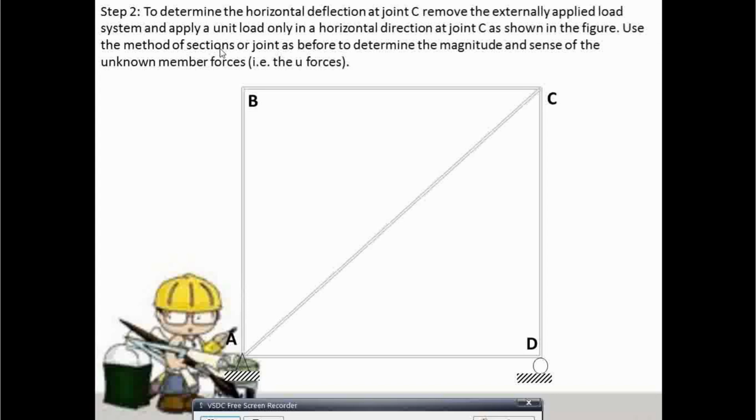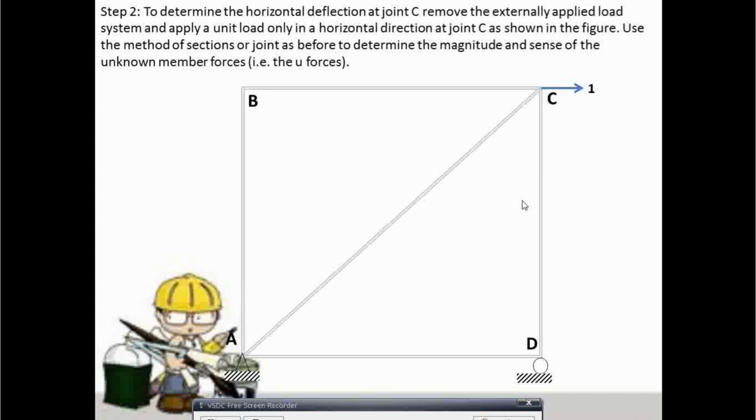Di ba doon sa statement ng problem, ang nakalagay doon is determine the horizontal displacement at point C. So, sa point C tayo mag-concentrate. Since ang hinahanap ay horizontal deflection, we are going to apply a 1 unit load doon sa may point C sa direction na unknown.